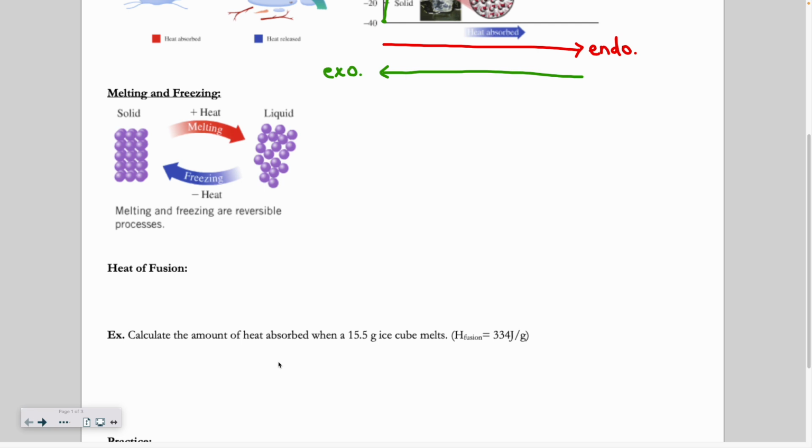Well, I'm going to use what's called my heat of fusion. My heat of fusion is the quantity of heat needed to melt 1 gram of a substance.